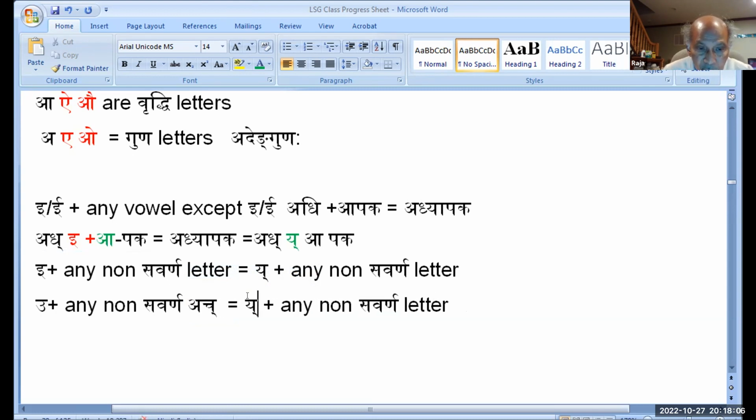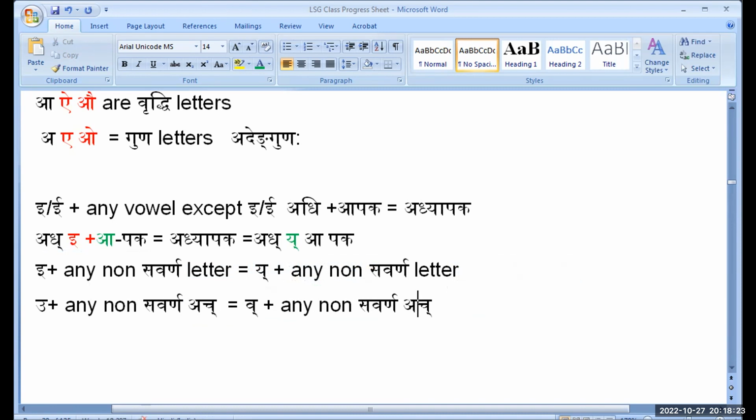Then we will get Vakara and any non-Savarna vowel. Sir, can you give one example for this? Ukara plus non-savarna. I'm going to show you every example, everything which I have not shown you here. Give me 1 second.